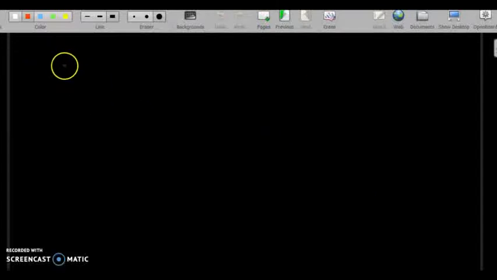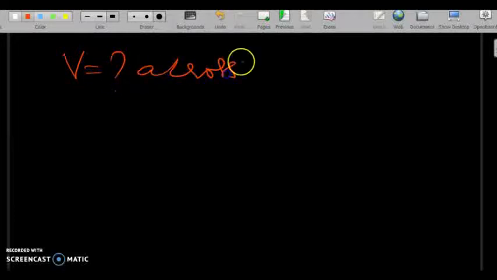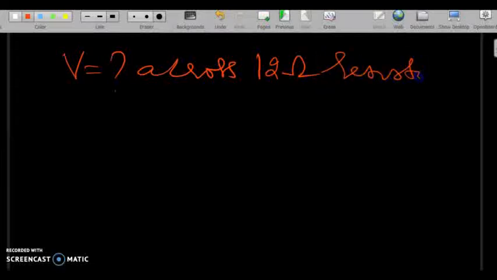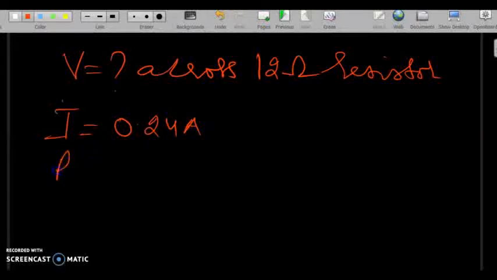What is the next one? We have to calculate V across the 12 ohm resistor. How do we do it? We know I in the 12 ohm resistor is 0.24 ampere, and the resistance is 12 ohm.